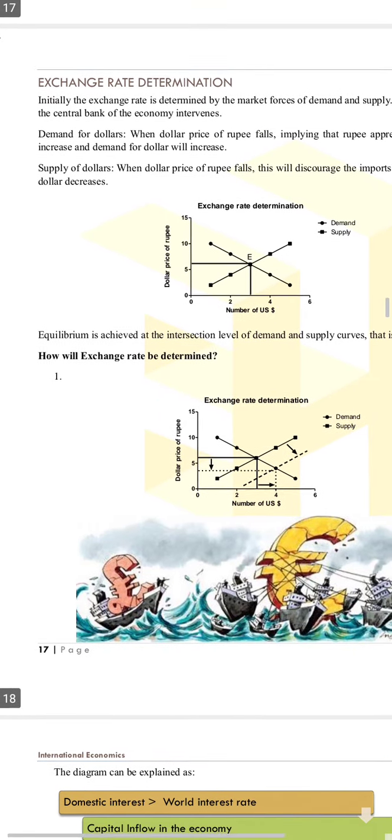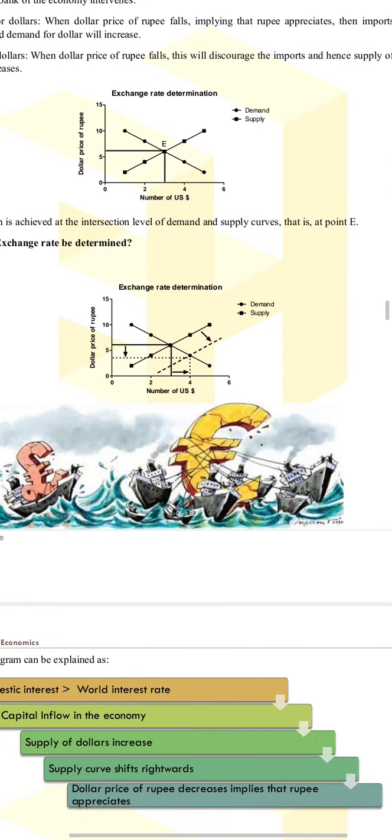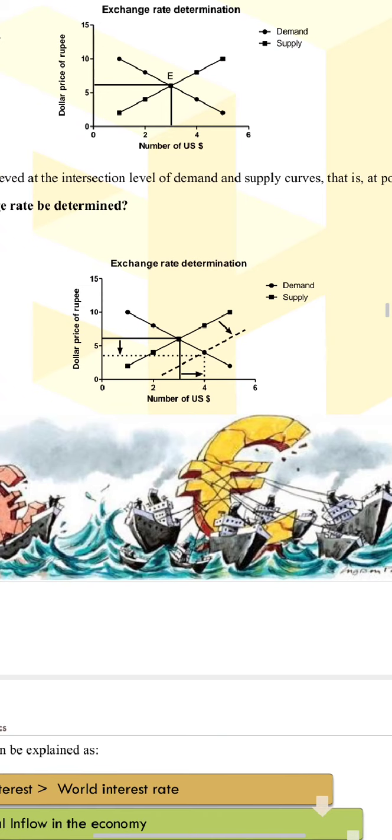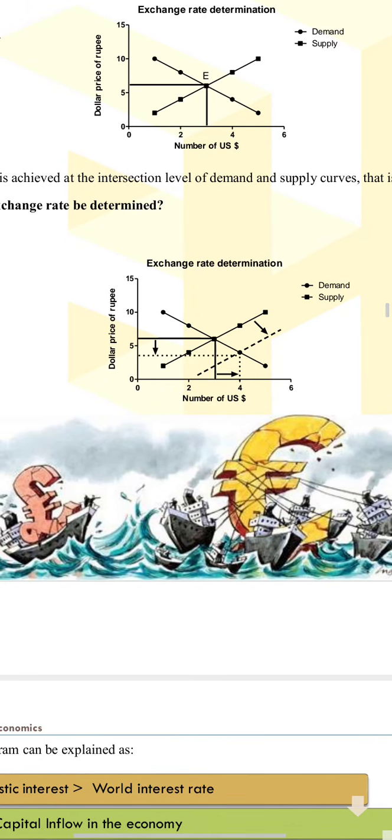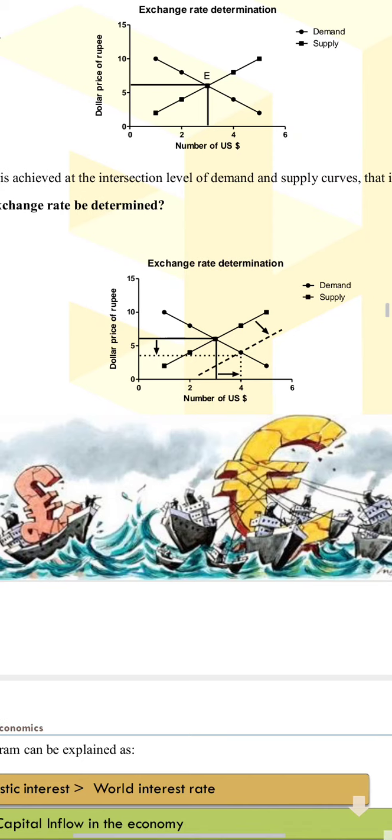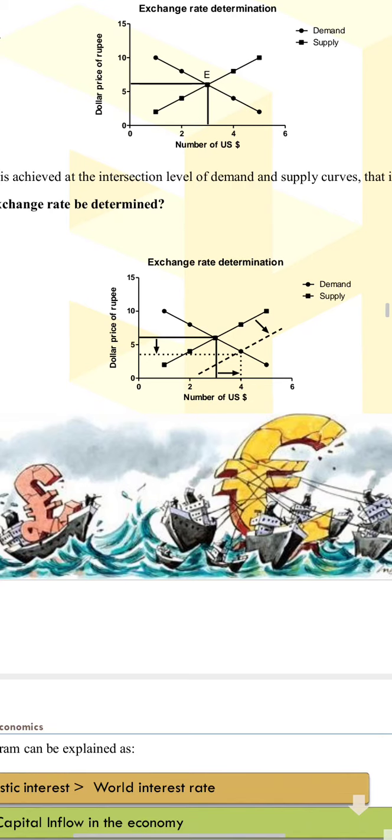How will the exchange rate be determined? Exchange rate determination can be made by the demand and supply of the currency and the availability of the currency in the marketplace.